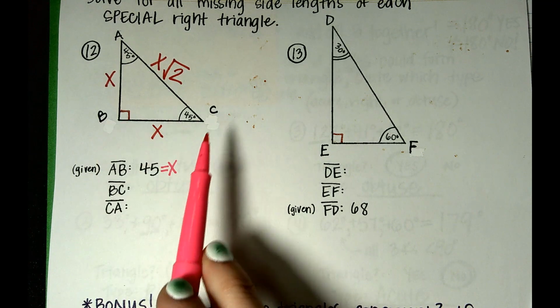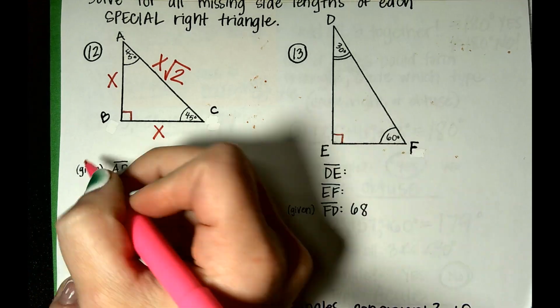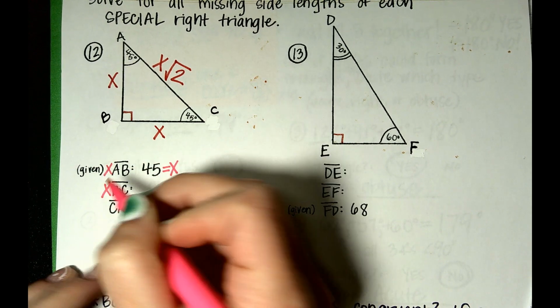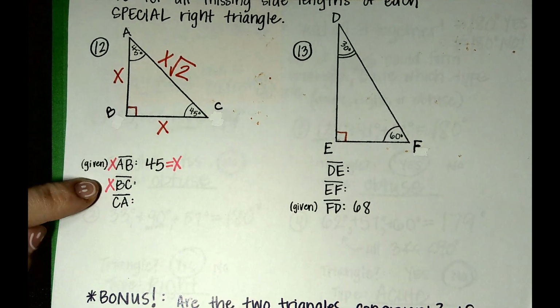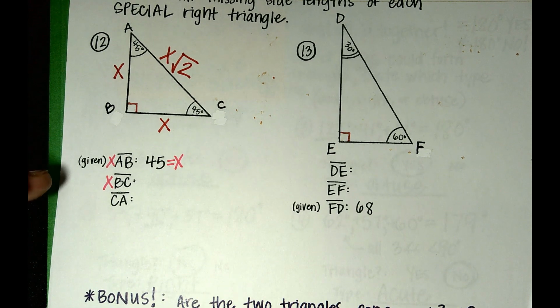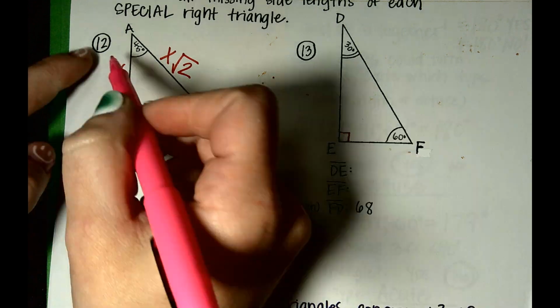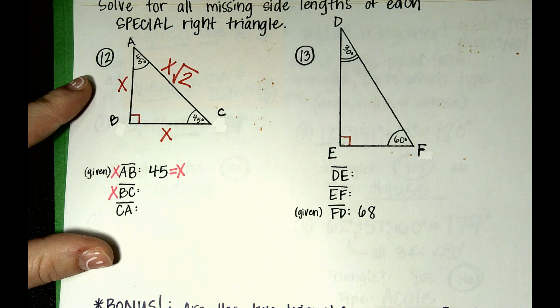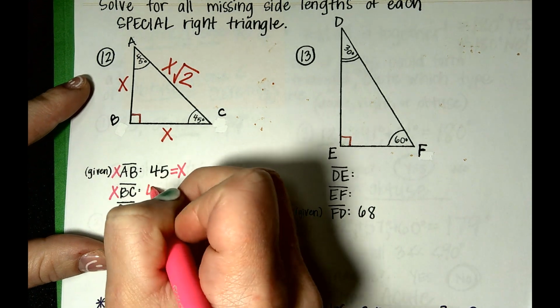B to C is also X. So if AB and BC are both x, what do we know about the length of BC now? It's also 45. They're both x, and if x is 45, then they're both 45.